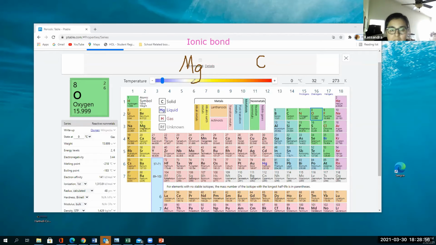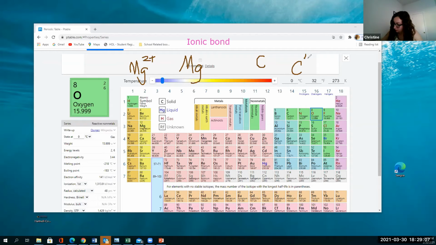Magnesium would be 2 positive. Carbon would be 4 negative.